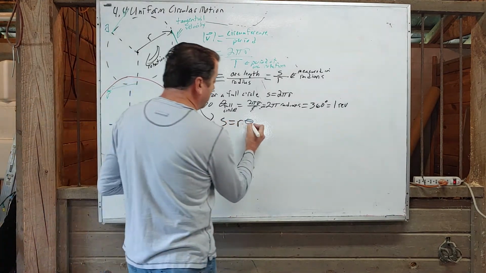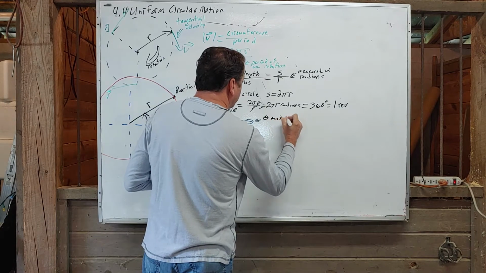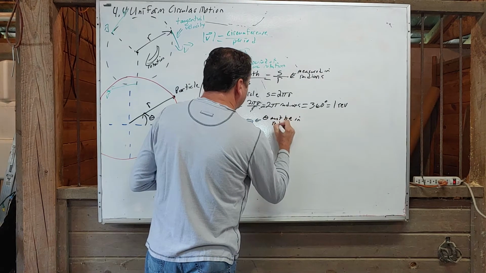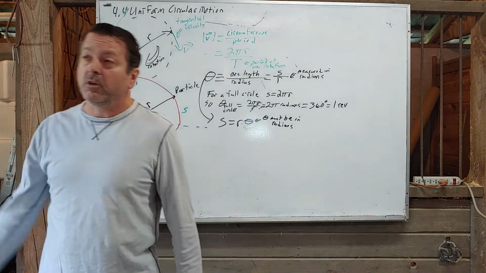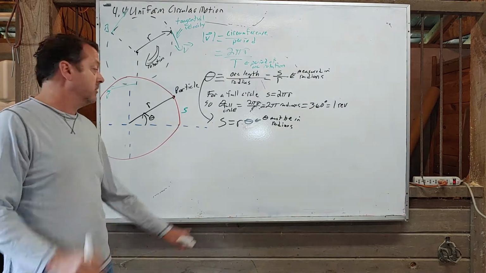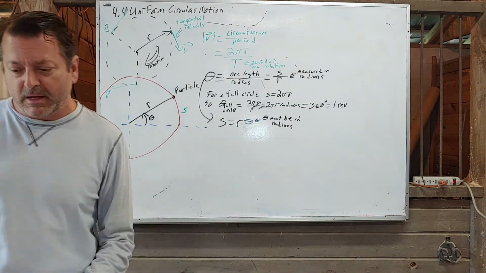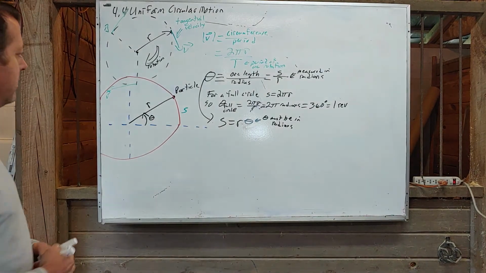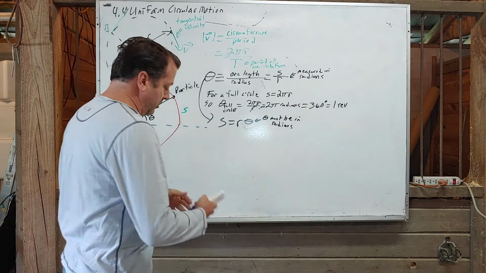Now, to make this valid, though, theta must be in radians. So if you want to know how far you travel along the edge of a circle, as long as you know the radius and the angle in radians, you can find how far you travel along that circular path. Okay? So this is kind of like position and displacement a little bit.